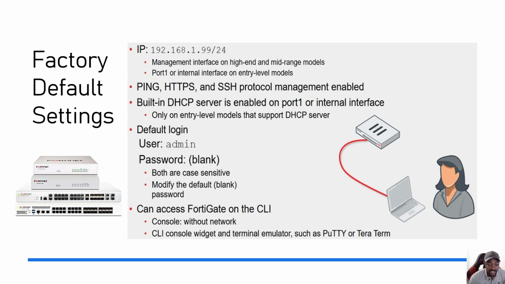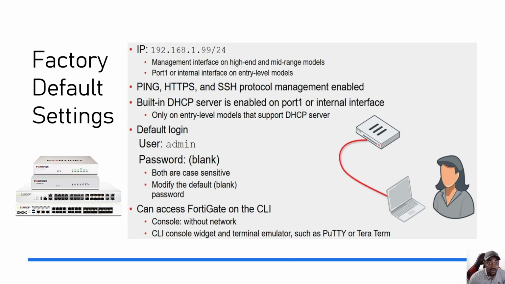You can also decide to connect to your firewall through the command line. So you can connect to your firewall devices through a command line interface or use third-party software such as Putty or Teraterm. So you'll be connected on the CLI, then you can type command lines directly on your firewall.